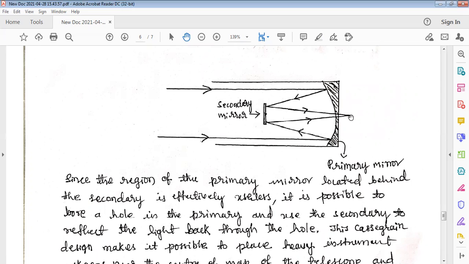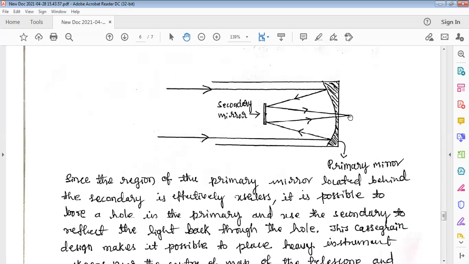Since this converging point is behind the concave mirror, a hole is drilled at the middle of this concave mirror for the passage of light rays.